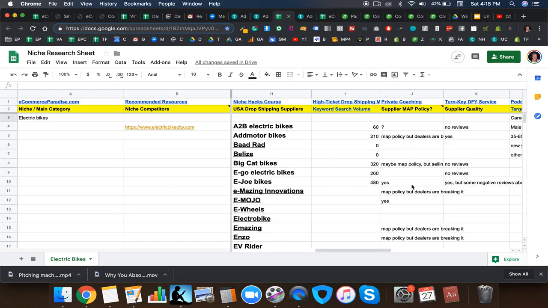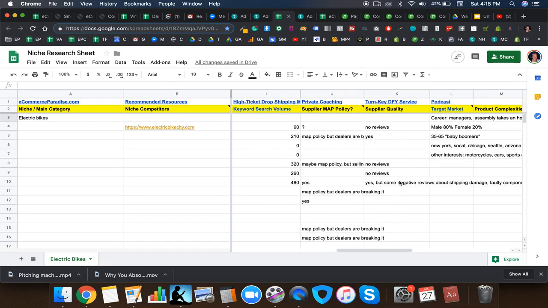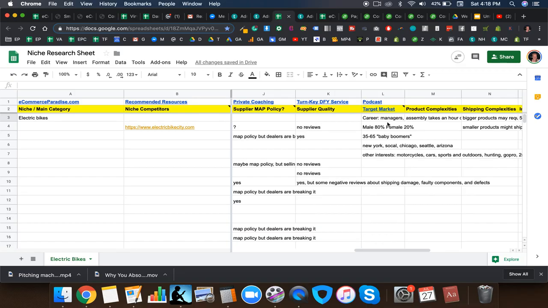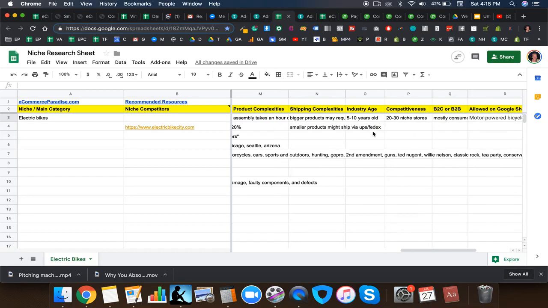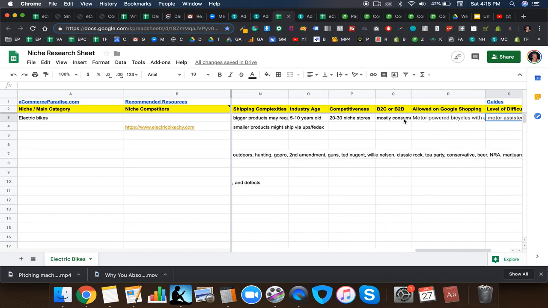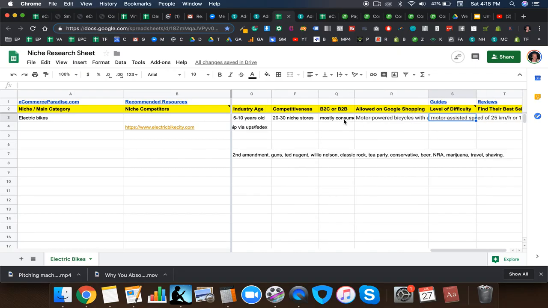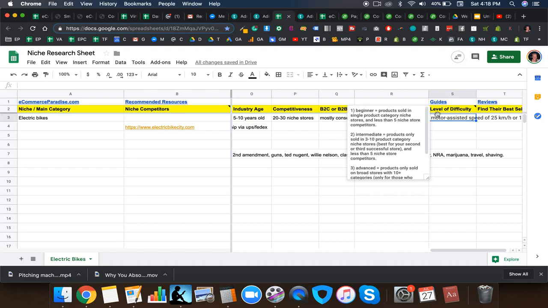You know if they have MAP policies or not, and if they're good quality. You also know what the target market's like, and if there's product complexities or shipping complexities you should be aware of, how old the industry is. You've done the competitiveness research, and you know whether it's a B2C or B2B niche, and you make sure it's allowed on Google Shopping.